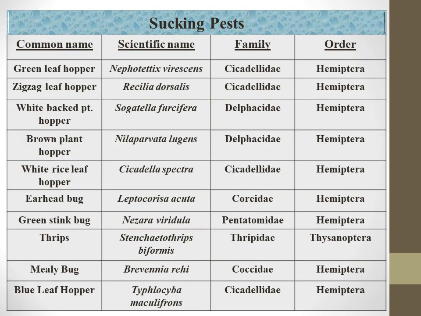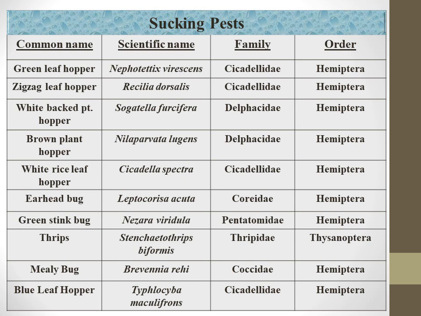Now the sucking complex, which constitutes around 50% of the significant insect pests of paddy. Firstly, the four most important: the green leaf hopper, Nephotettix virescens; the white back plant hopper, Sogatella furcifera; the brown plant hopper, Nilaparvata lugens; then the white rice leaf hopper, Cicadella spectra; earhead bug, Leptocorisa acuta; green stink bug, Nezara viridula; thrips, Stenchaetothrips biformis; mealybug, Brevennia rehi; and there are several others.